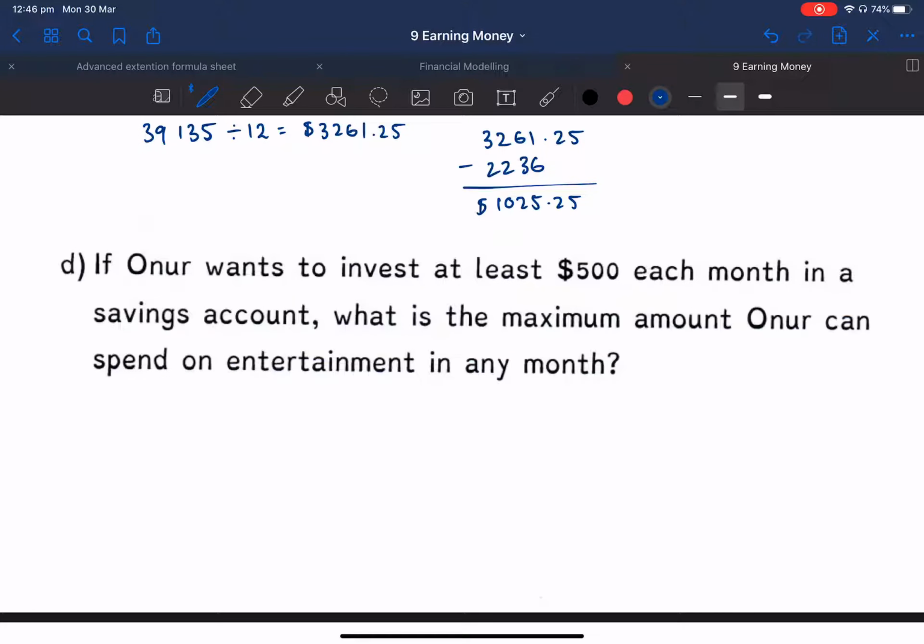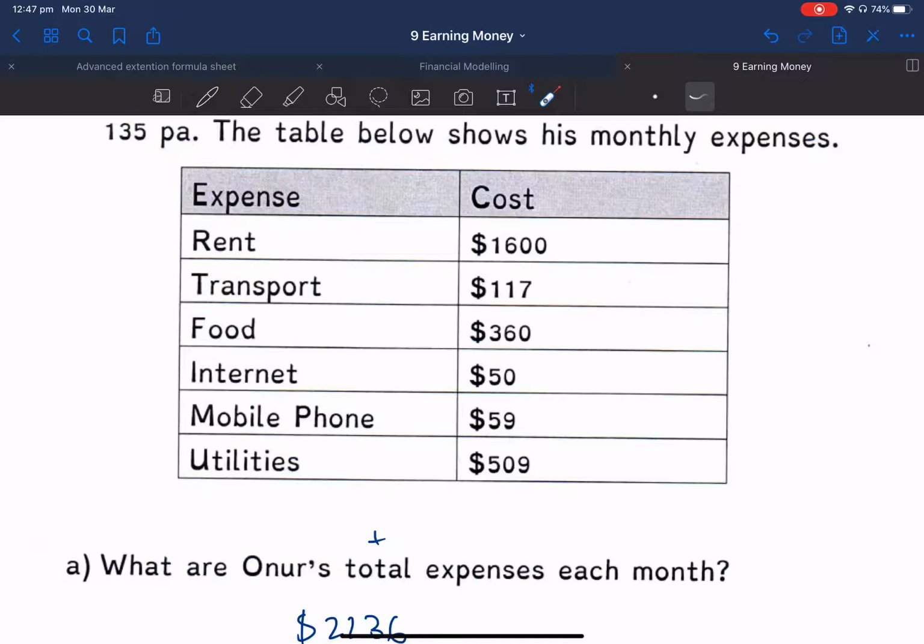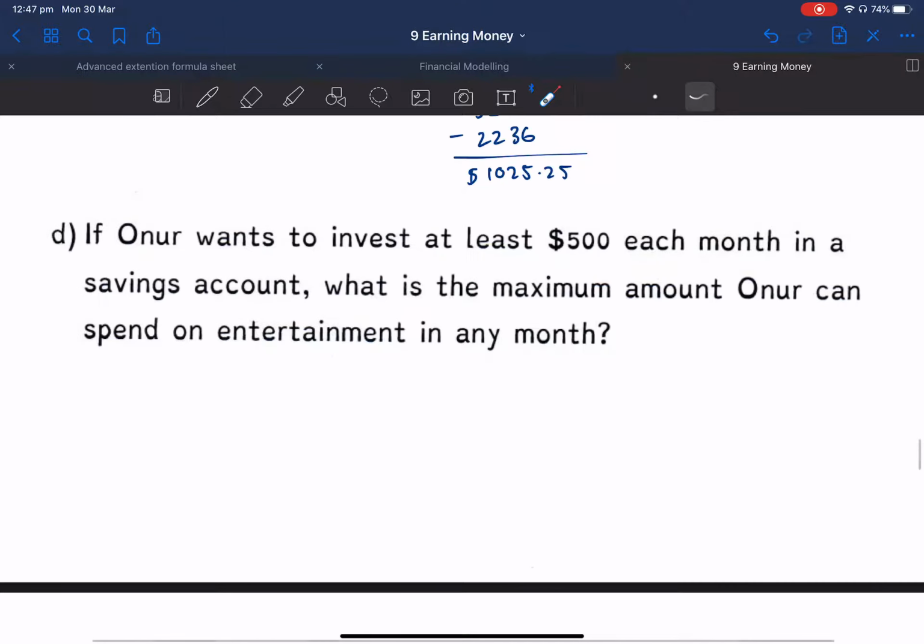Okay, finally, if Ono wants to invest, so put into a bank account, $500 each month, or at least $500 each month, we want to know what is the maximum amount he can spend on entertainment. Now, entertainment isn't in this table here, so entertainment must be an extra cost.